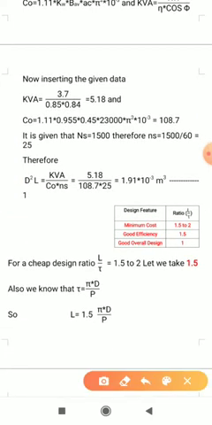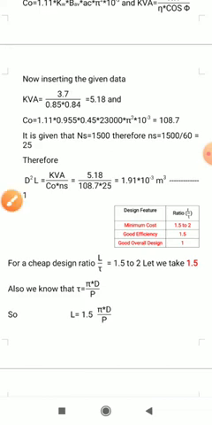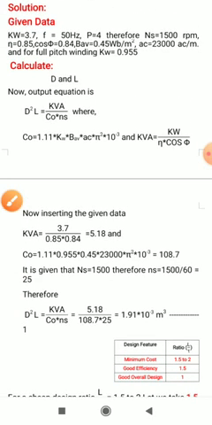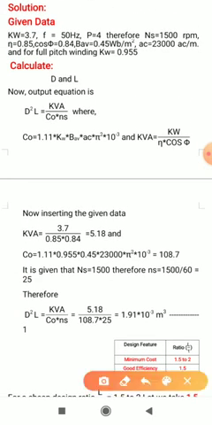Now the kVA is equals to kilowatt. So the kilowatt is given here. The kilowatt is 3.7 divided by efficiency into cos phi. Efficiency is 0.85 and cos phi is 0.84. So if you put here kVA is equals to 3.7 divided by 0.85 into 0.84, you will get 5.18.